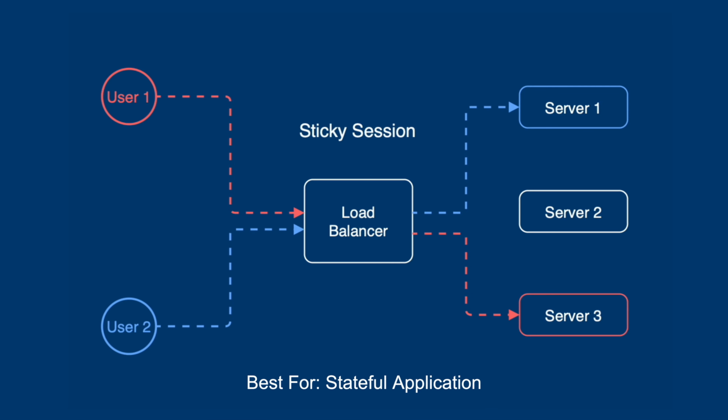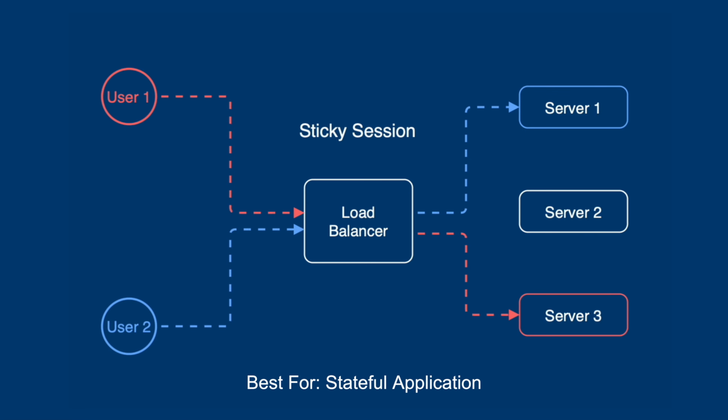The other way is sticky session. The idea here is that when a user connects to the load balancer, it sticks them to an exact server. And while the server is alive, all requests from the same user will go to the same server. There is a small difference in how this is done by layer 4 and layer 7 load balancers.